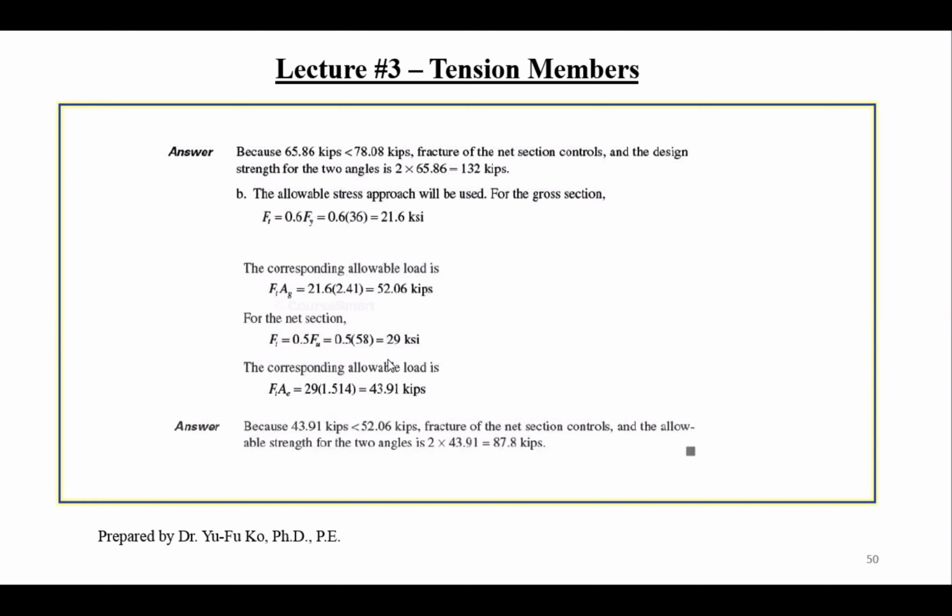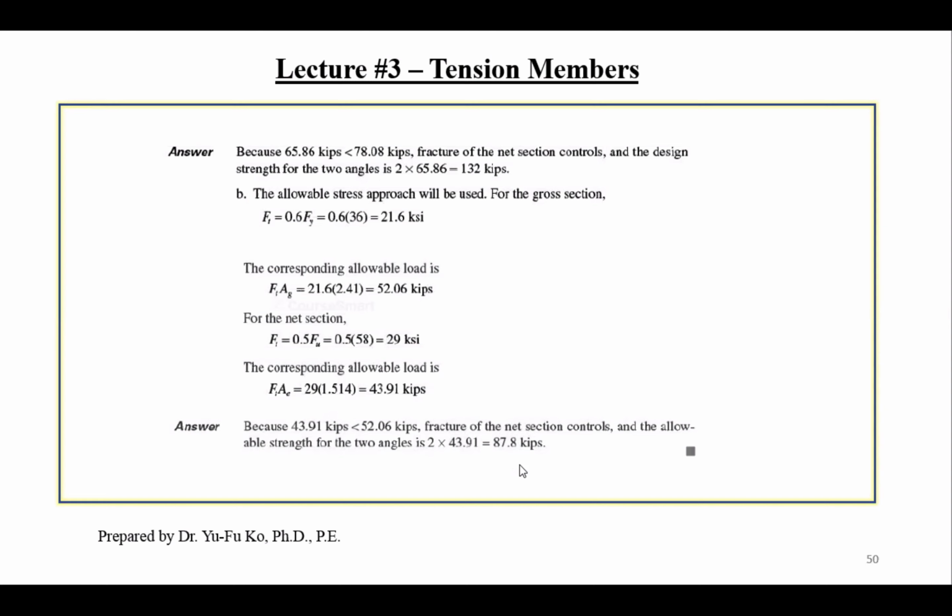So the allowable strength for double angle will be 2 times this value, which is 87.8. So based on LRFD, if your factored load combination reaches 87.8, the member will fail in fracture at the net section, not yielding.